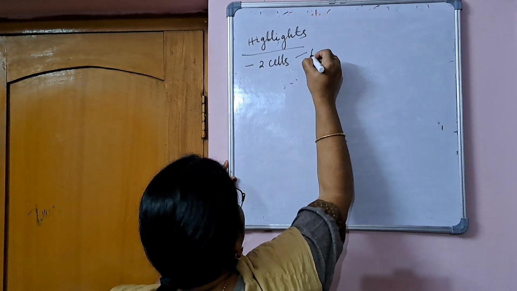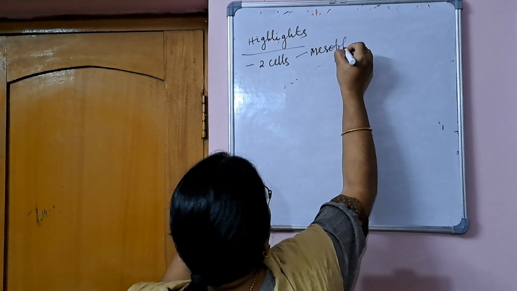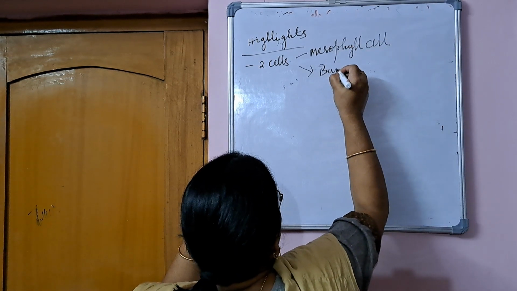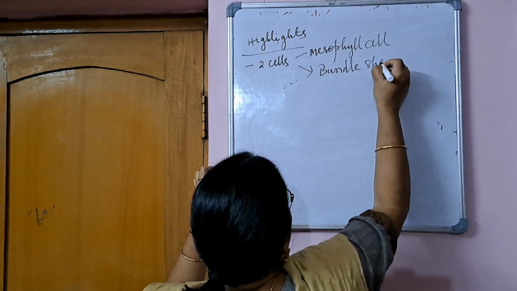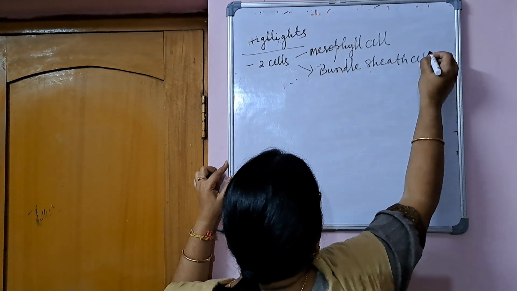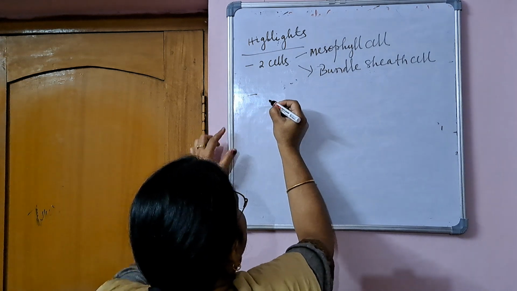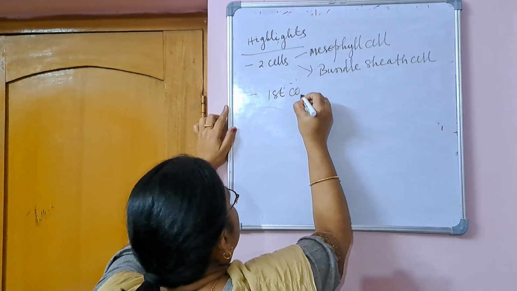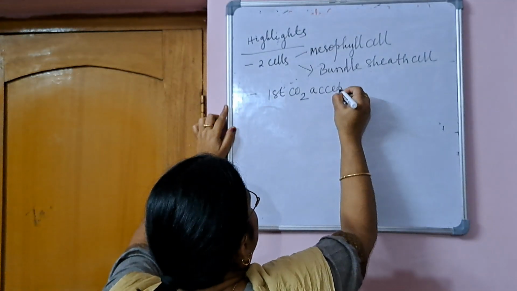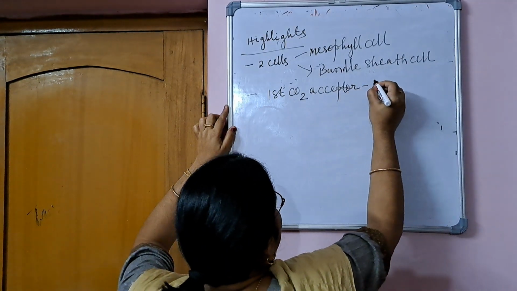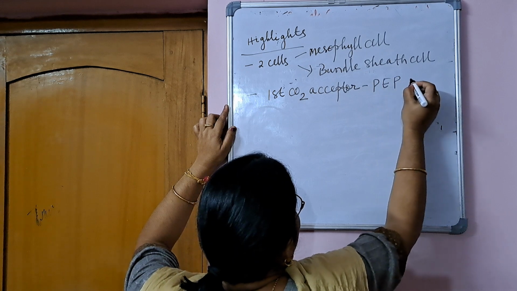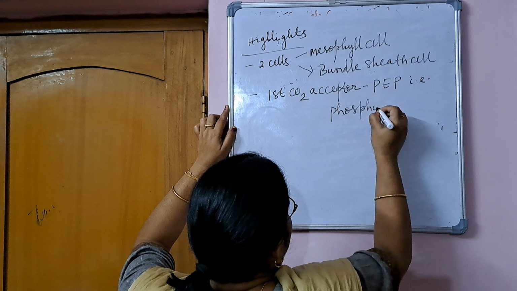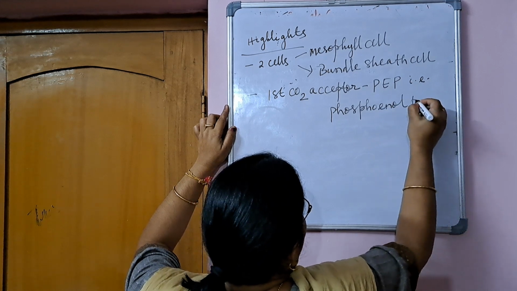One is the mesophyll cell, another is the bundle sheath cell, and here the first CO2 acceptor is PEP, that is phosphoenol pyruvate.